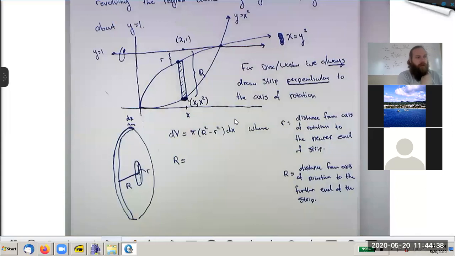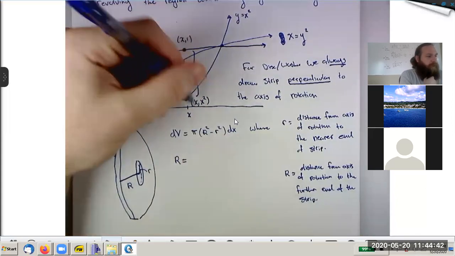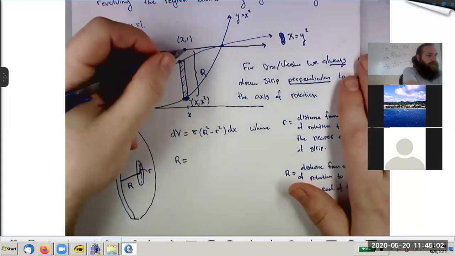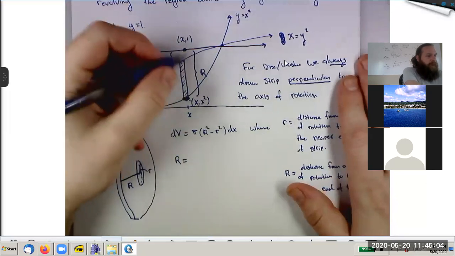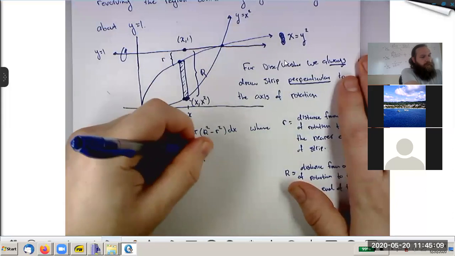So what is big R? What is the distance from x comma 1 to x comma x squared? Very good, yeah, 1 minus x squared, right? I take the larger guy minus the smaller guy. Up here this is 1, down here this is x squared, so this is 1 minus x squared.